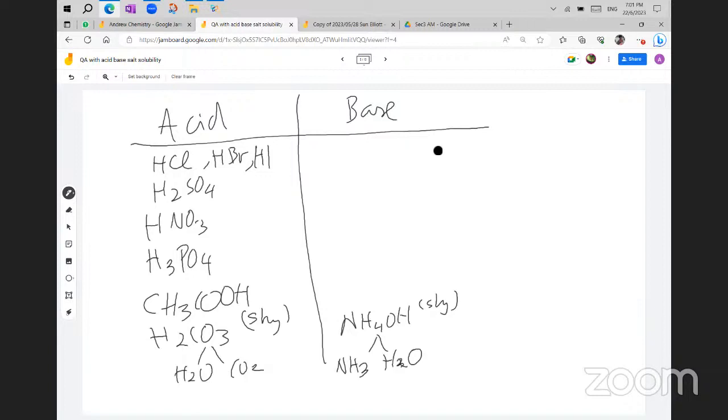Not instantly, it's not an explosion, but you will immediately see some bubbles. This is him refusing to stay as an acid. He refuses to stay in one state. I don't want to be an acid, I want to become water and carbon dioxide gas. In your O level syllabus, only this guy is a shy acid.